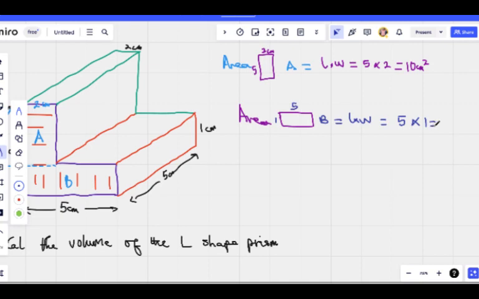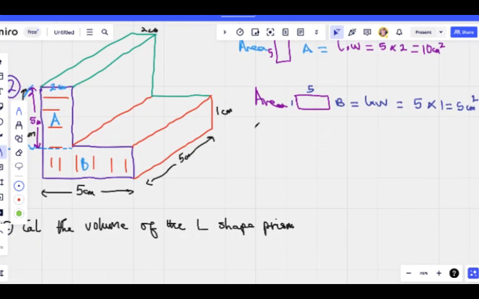5 centimeters square. So we now find the total area of the L shape. The first one is 10, the second one is 5. You add them together. So you say total area of L shape, because you have to get the total area of the L shape before you can calculate the volume.